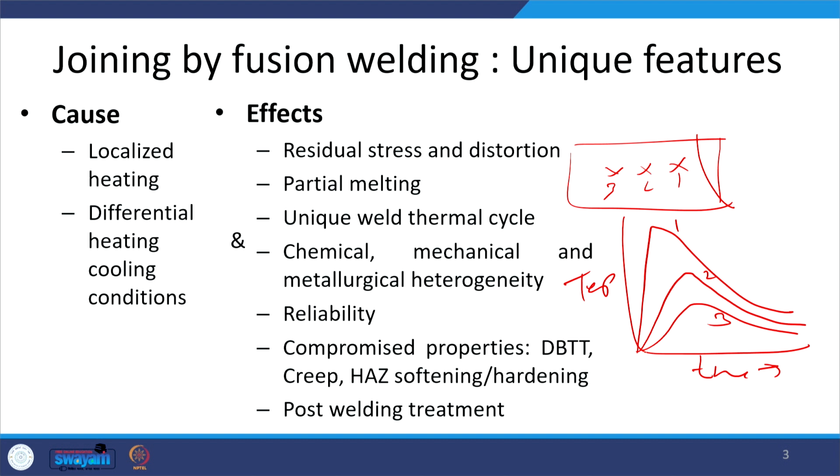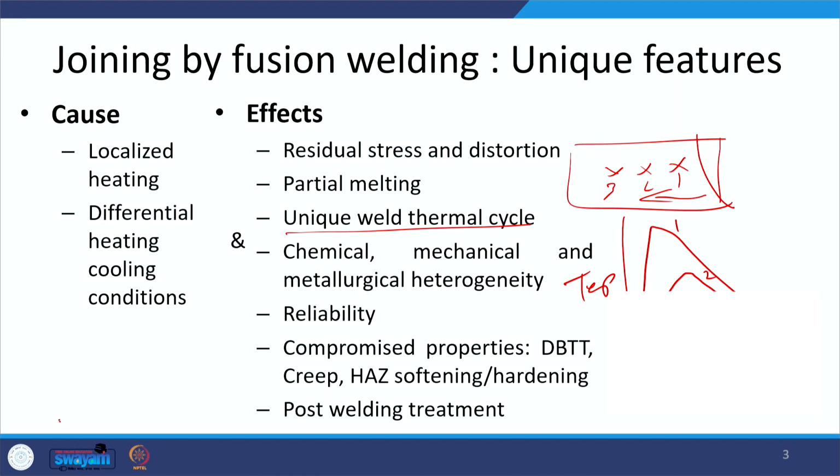So, heating rate, cooling rate and peak temperature all three get reduced with the increase of distance from the weld zone in the case of fusion welding. So, a unique weld thermal cycle is experienced by each location in the vicinity of the weld joint.